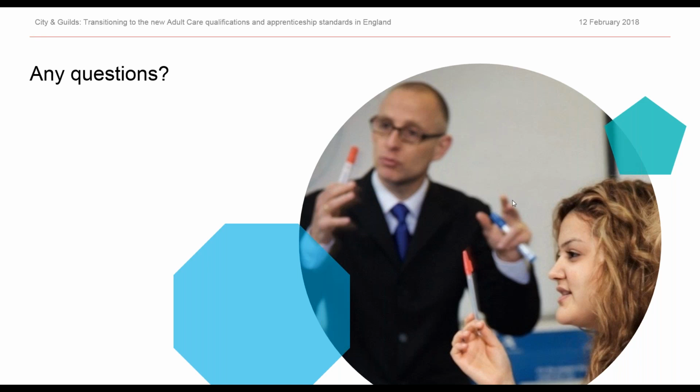What time frame do you have for the new Diploma 4 and 5 going into the FE loans catalogue? Still waiting to hear for care level 3 to be added. Okay, so I've actually sent in the application for the diploma in care level 3.